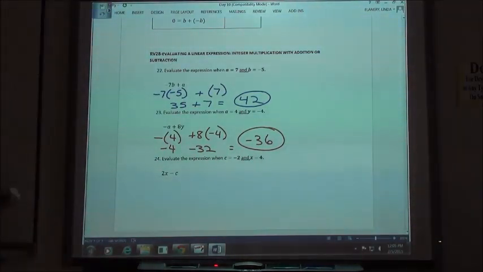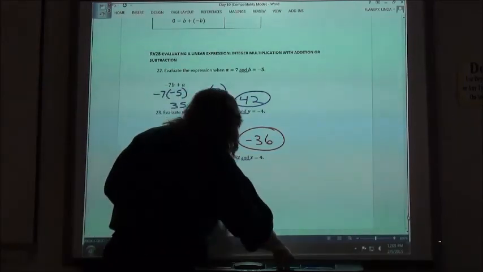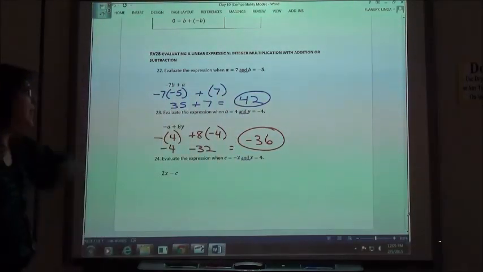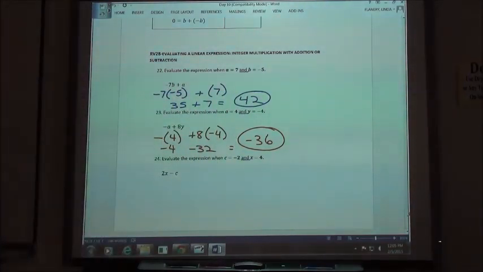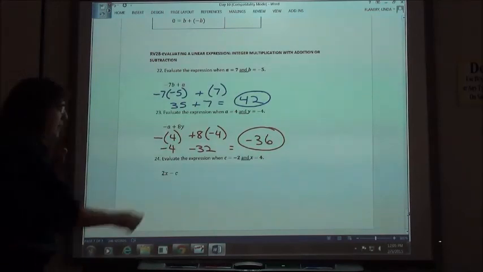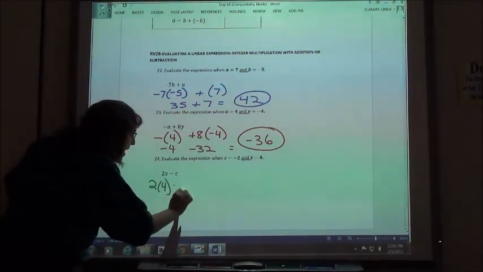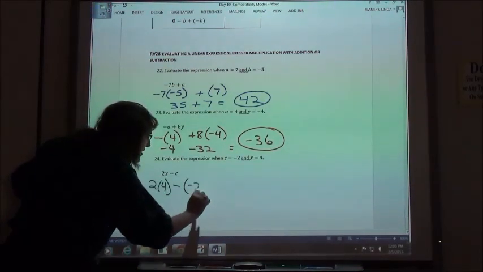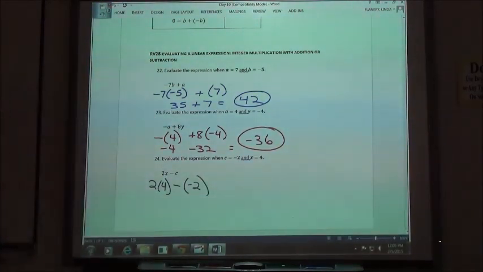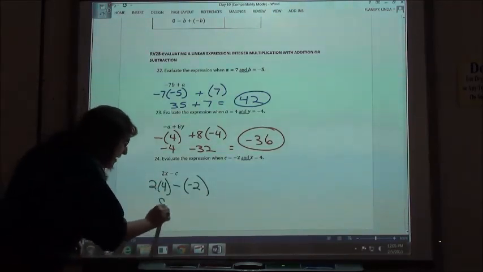So the key, especially if you're checking with your calculator, is be sure when you substitute in to put that value in parentheses. Sometimes they're really not needed, but it doesn't hurt to put them there, and it is going to give you the correct answer then. 2 times x, 2 times 4, minus the c value. The c value happens to be -2. 2 times 4 is 8.